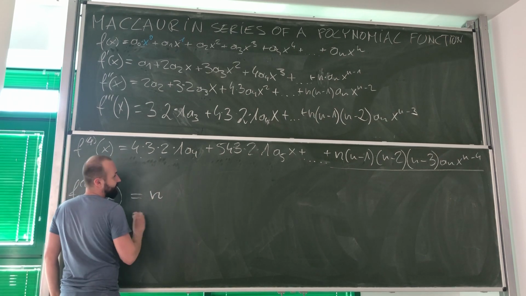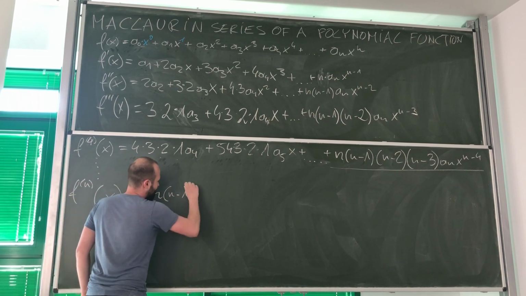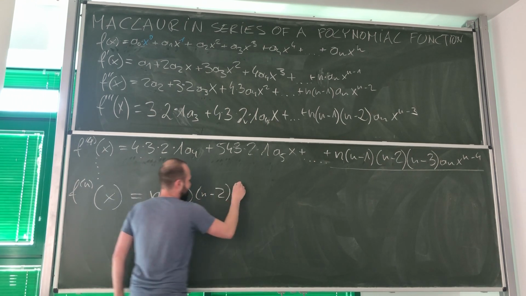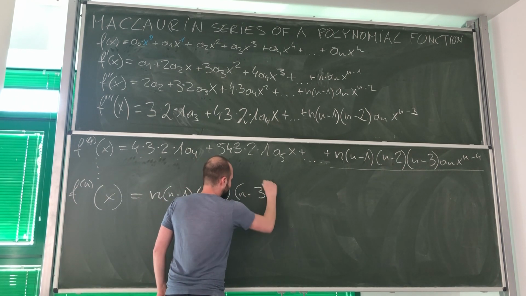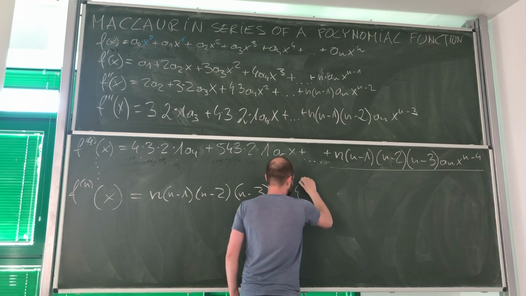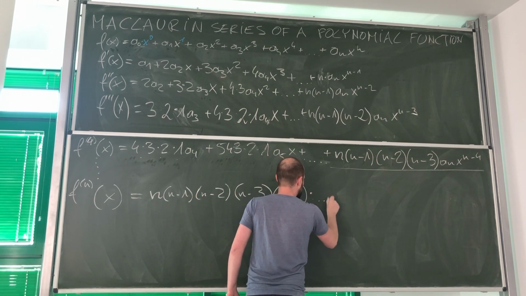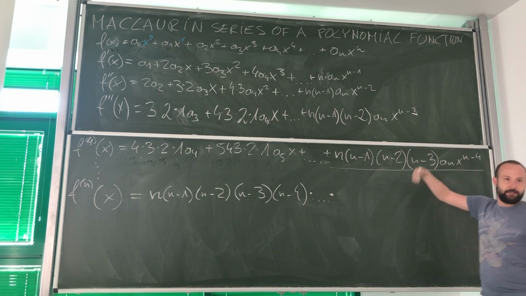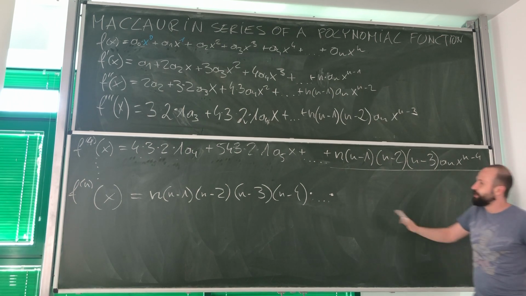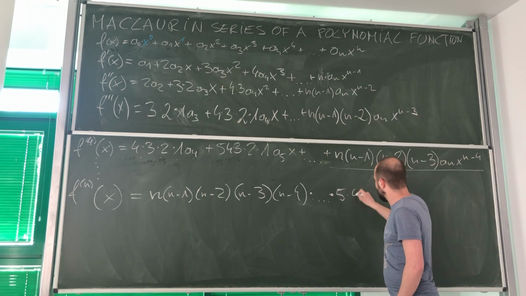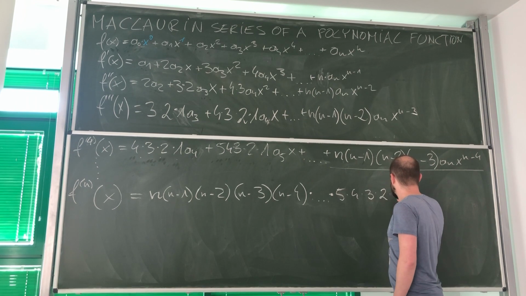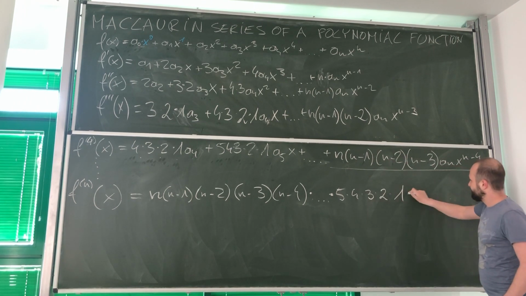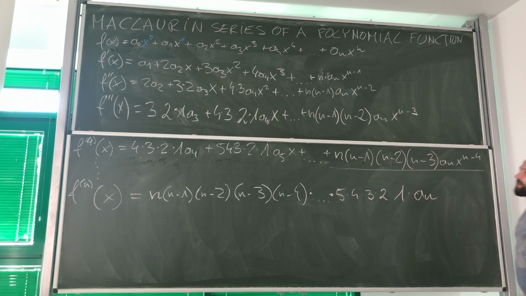So we're going to have here n times (n minus 1) times (n minus 2) times (n minus 3) times (n minus 4) times, and look, of course here we are doing the differentiation n times, so we need to go to here, 5 times 4 times 3 times 2 times 1 times an.